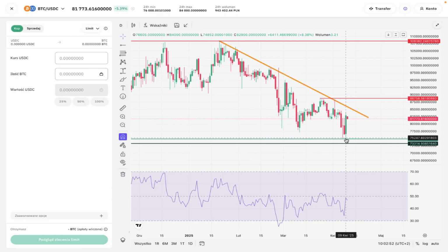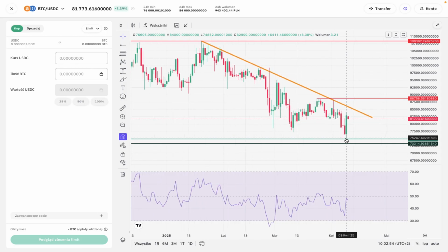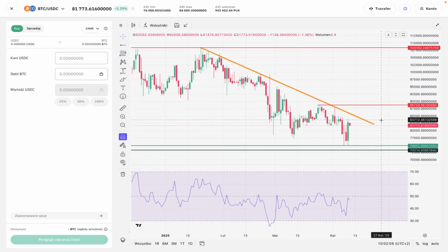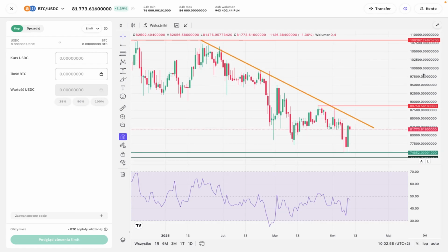So bulls desperately need strong upside movement, a strong continuation of this pretty nice beginning, and they need to break above the trend line and technical resistance.